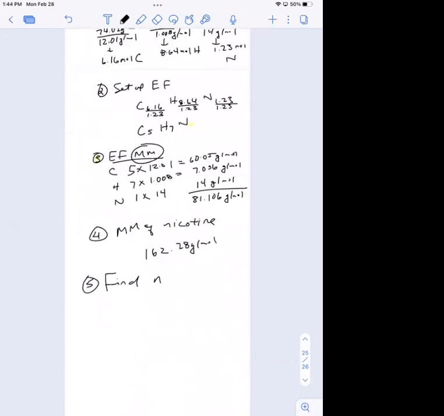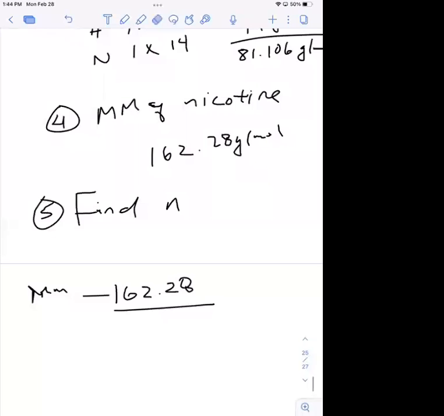And we're going to take that number, 162.28, and we're going to divide it. So this is the molar mass, so this is the compound molar mass. And we're going to divide that by the empirical formula molar mass, which was 81.106.